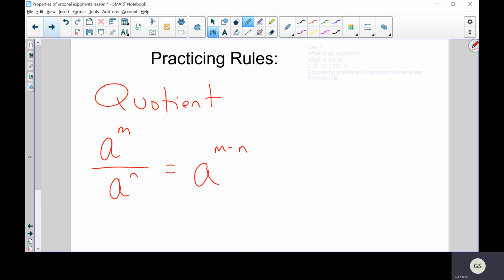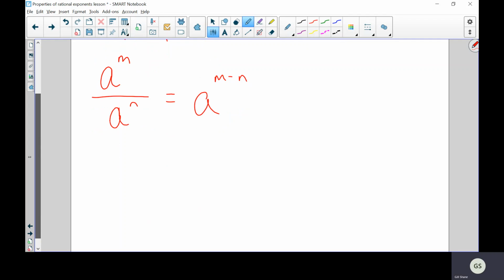So let's do a couple with that. We'll start out easy again. Write down what that would be. There will be your first example of quotient one. Actually, I'll put another one up there so you can do that one there.